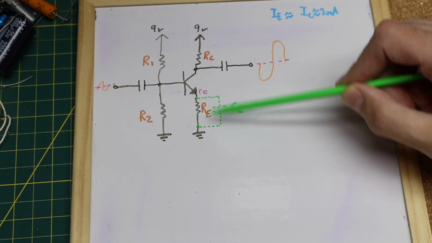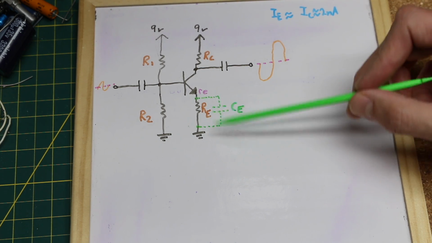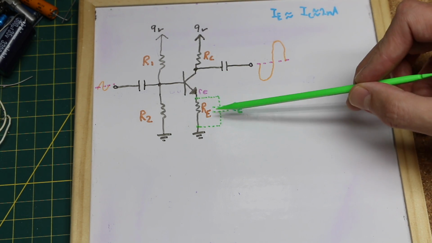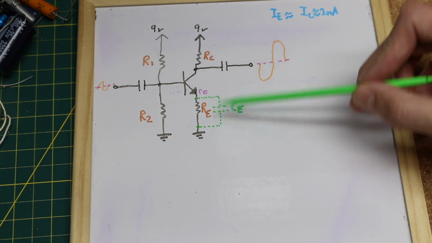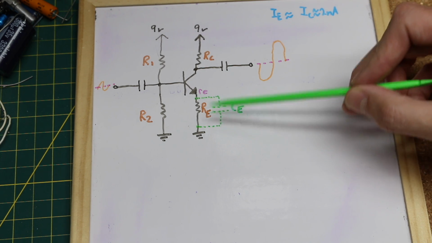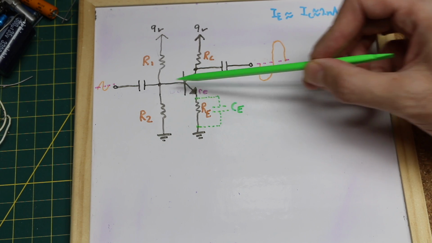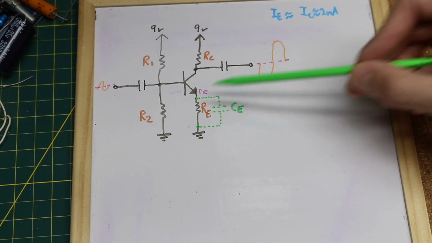This emitter resistor helps this circuit operate more stable and linearly and minimally dependent on changes in beta and temperature, things like that.